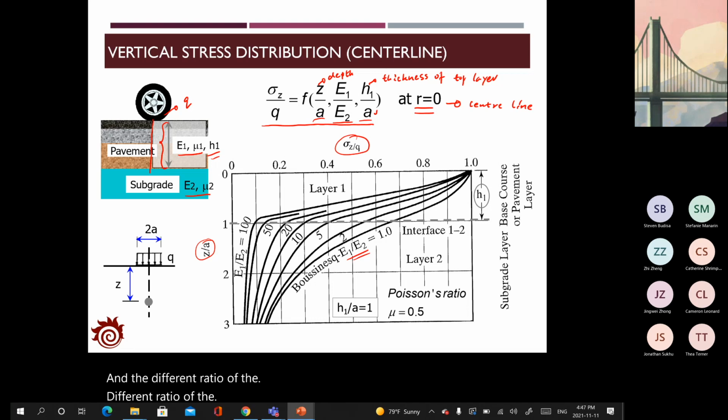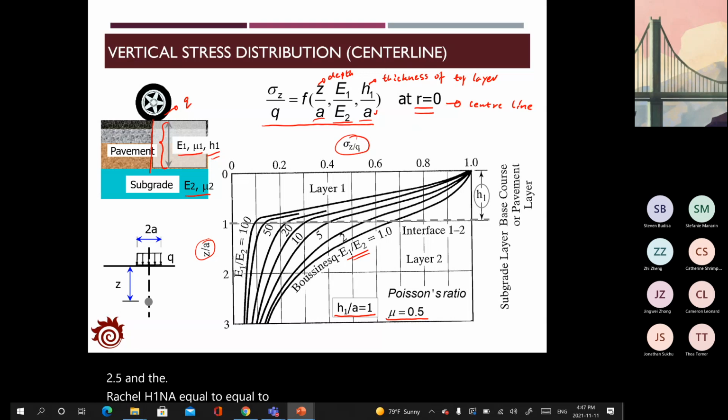modulus of elasticity. So here, let's go to see this figure. It actually shows the situation with mu equal to 0.5 and the ratio H1 and A equal to 1.